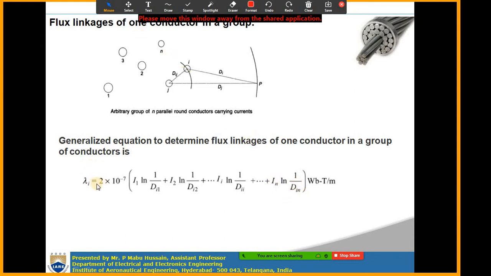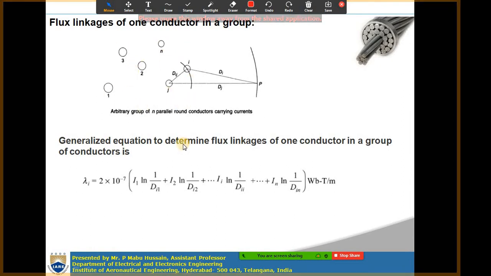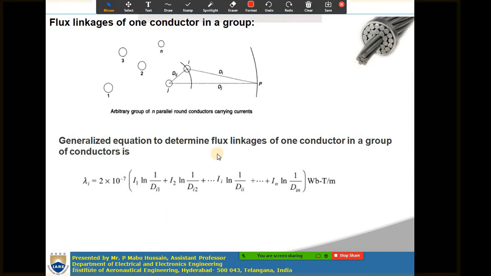This is the flux linkage expression for one single strand in a group of conductors. You have to remember this expression.